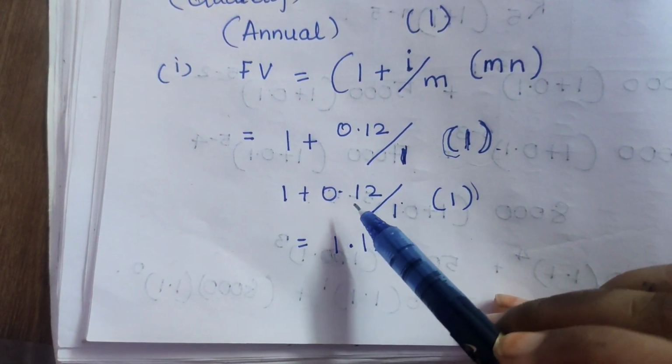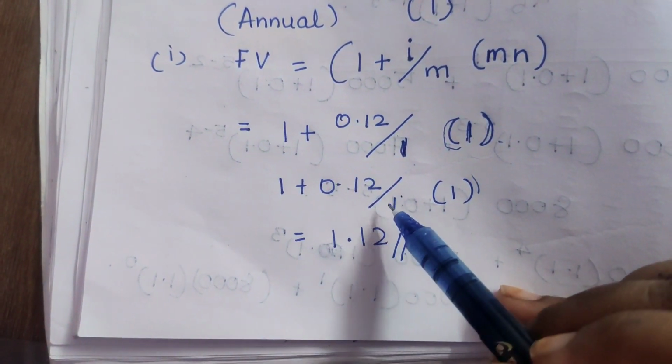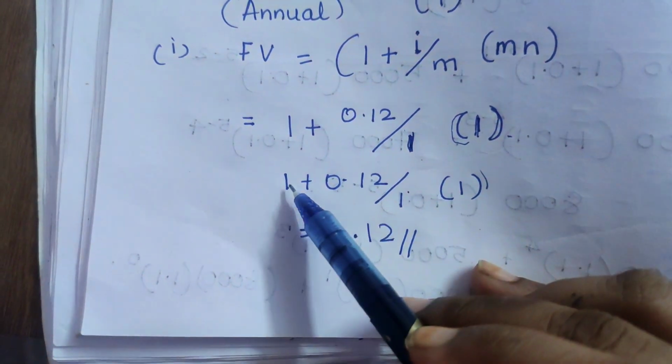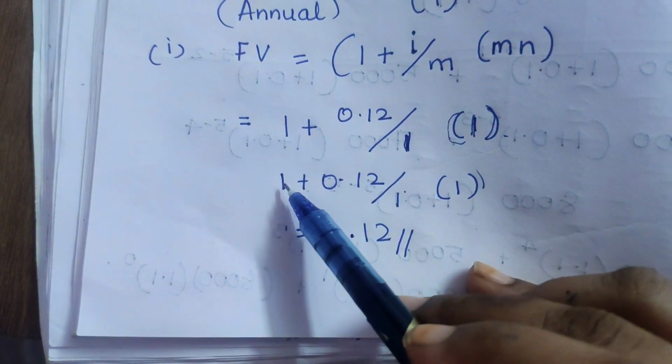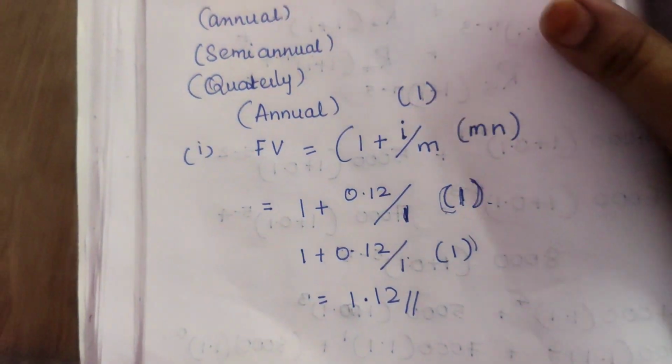So 1 plus 0.12 divided by 1, into 1, is the same value. After that we add this 1: 1 plus 0.12 means 1.12, and we have got the answer.